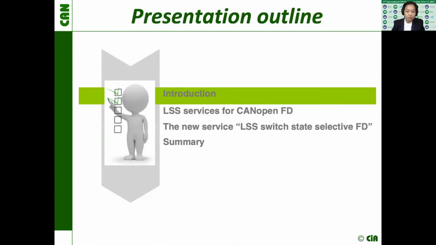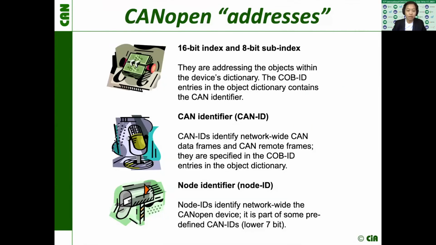At first, I would also like to remind you of some relevant basic knowledge, and Mr. Philip has also mentioned something. As most know, in CANopen networks there are three types of addresses.